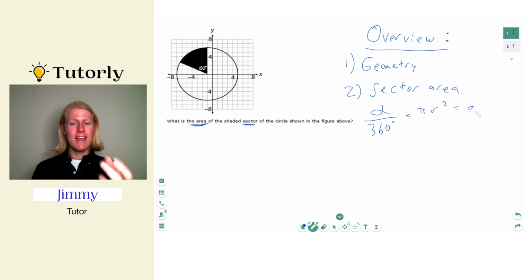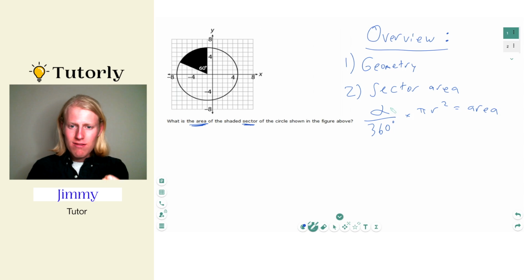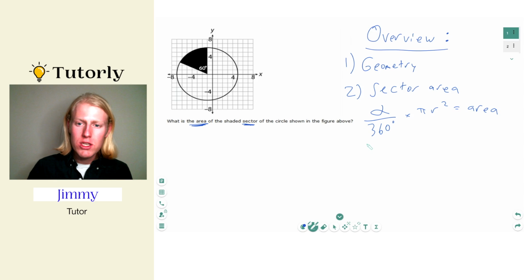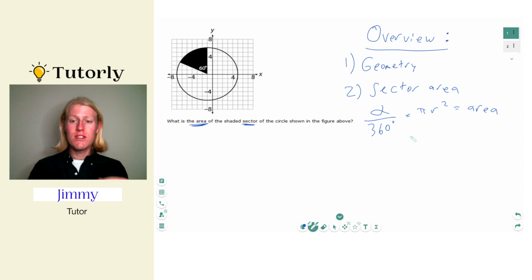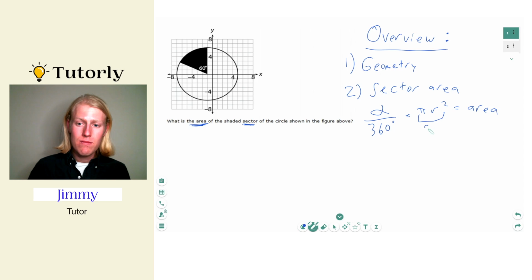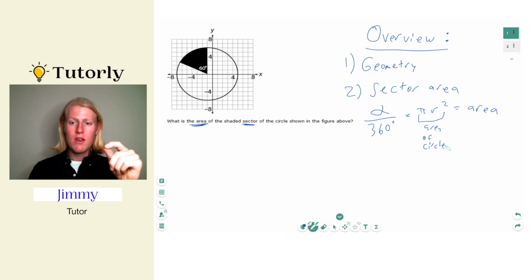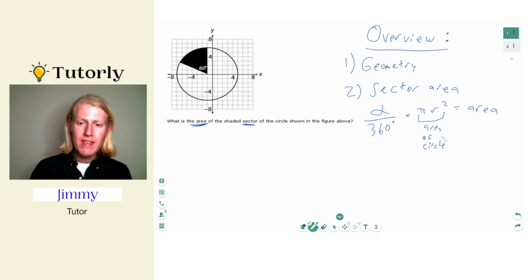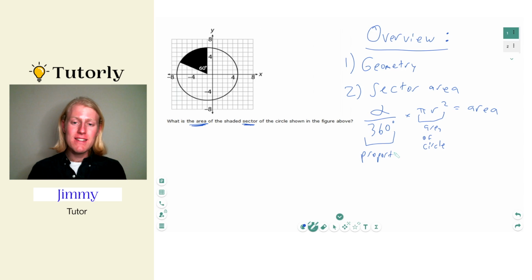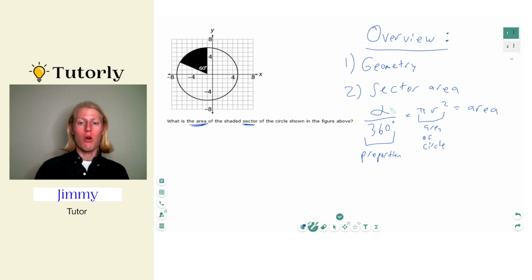This is a nice, neat formula, but I want to help you understand more deeply what it actually means. We know that pi r squared is the formula for the area of a circle. Whatever our radius is, we square it and multiply by pi, and that gives us the area of our circle. And alpha over 360 is a proportion of our central angle to the whole circle.